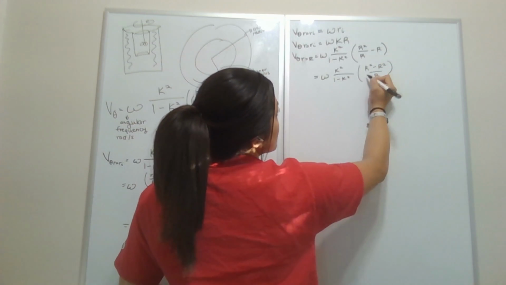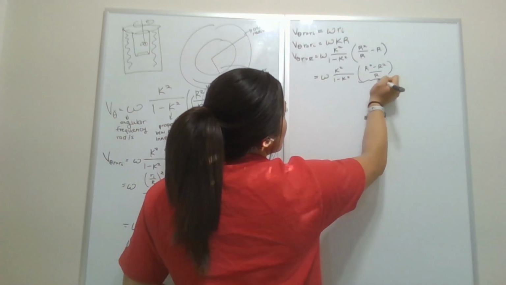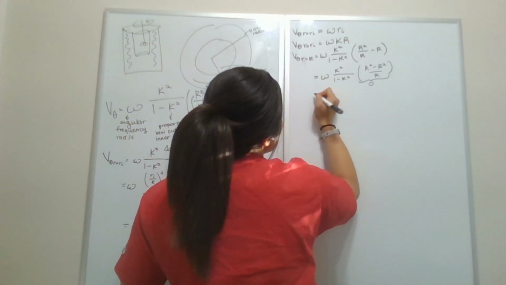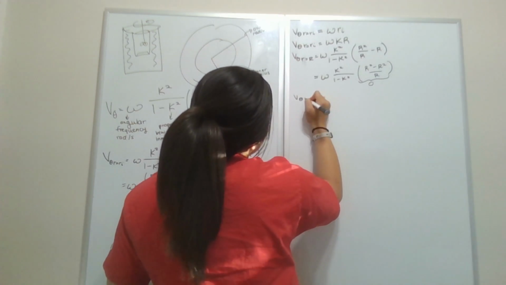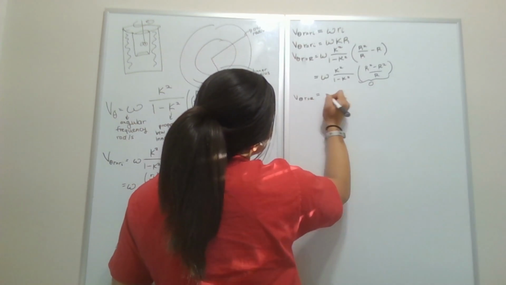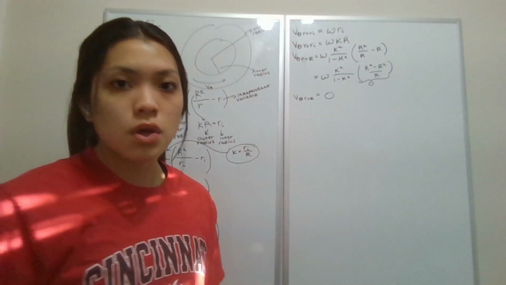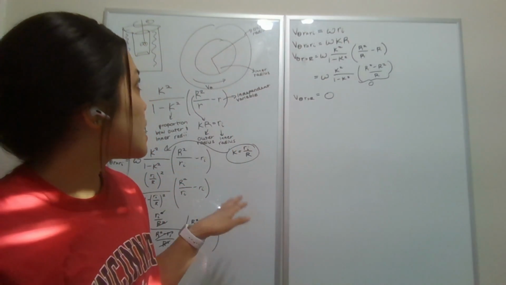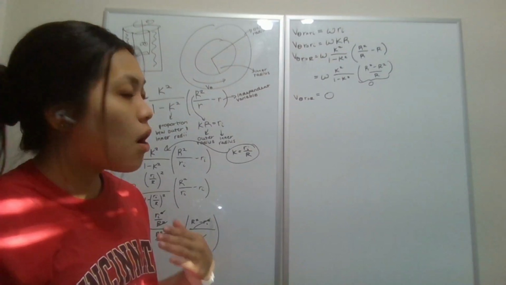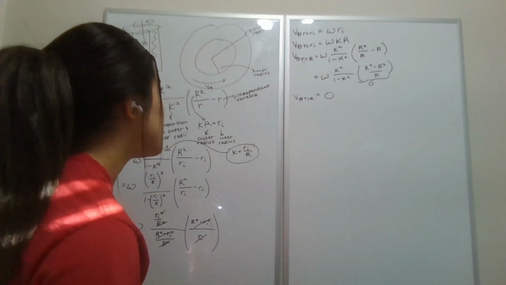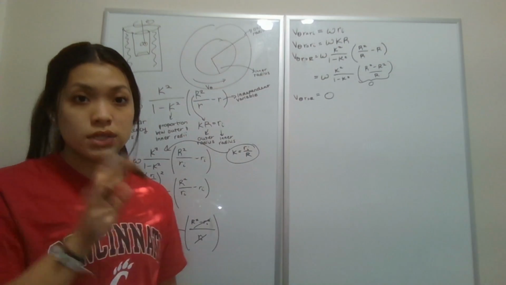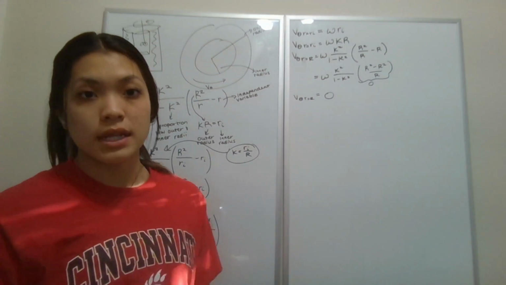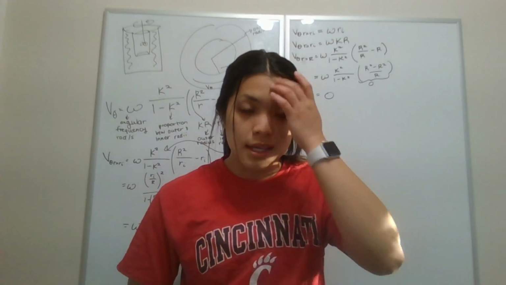And this quantity here is going to give us 0, making the velocity at the outer radius equal to 0. So in defining and seeing what the velocities at the inner and outer radius are, we can see that the inner cylinder is spinning, and the outer cylinder is stationary.